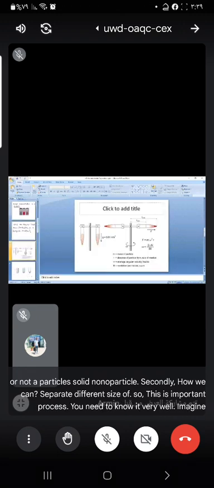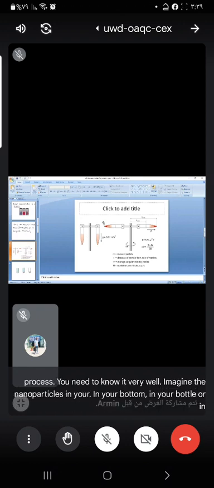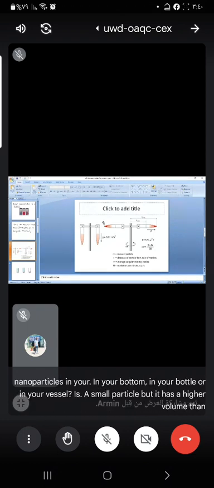Imagine the nanoparticles in your bottle or in your vessel is a small particle, but it has a higher density than your liquid.